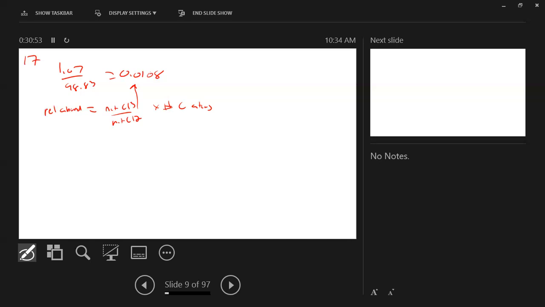So we have the relative abundance of the m+1 peak. So we're working on the left-hand side. And what is that? That is 2.71 for me. This is the relative abundance right here. This is your m+1. And then your m peak is 35.89. We take this to the other side. That means we're going to have to put it in the denominator. And this is approximately equal to 7. Question 17 now.